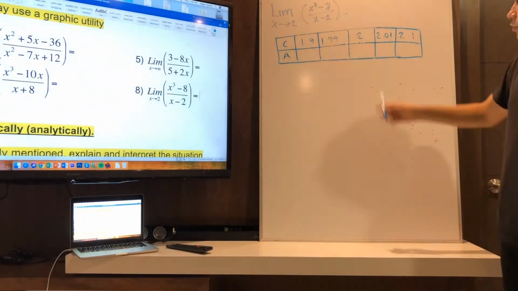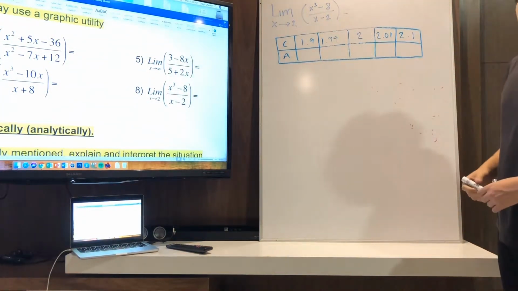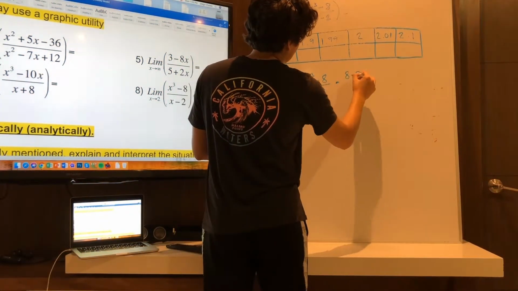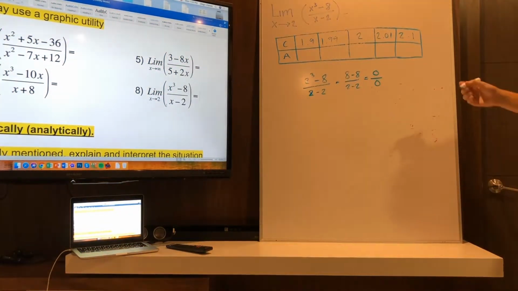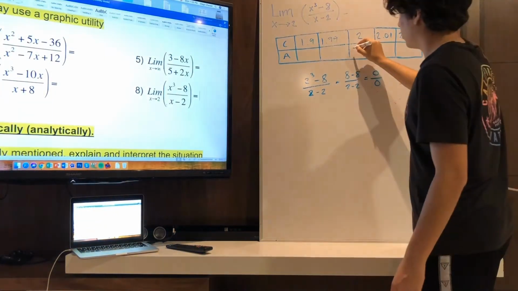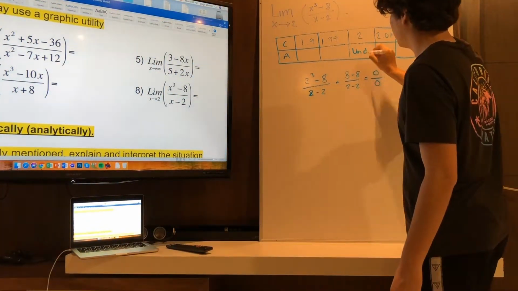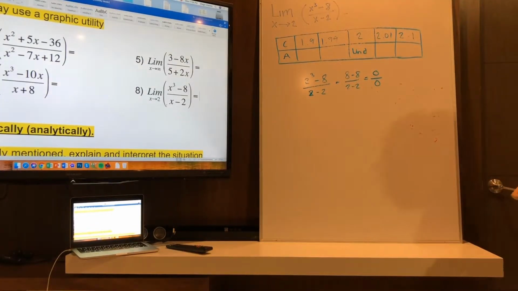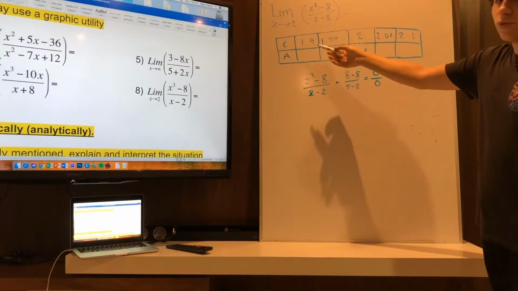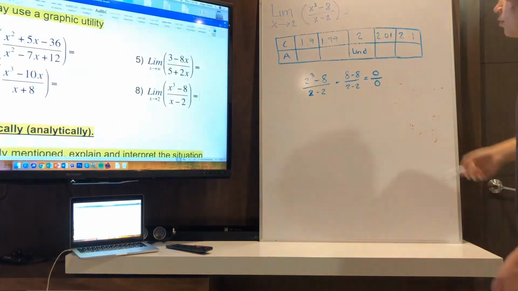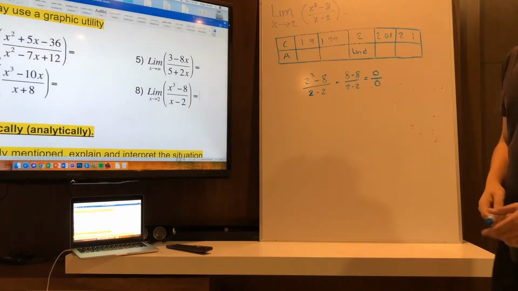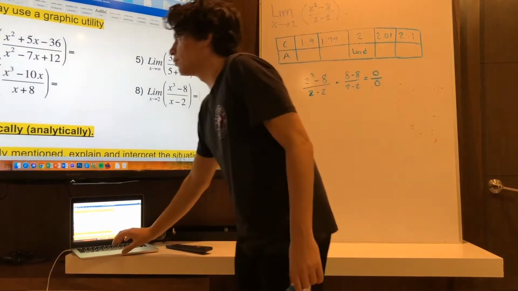First, if we do it with the 2, as you can see we are left with 0 over 0, which you could write as undefined. If you get undefined under the limit, you need to do the other values, and it is preferred to do it with a calculator, so I'm going to use a calculator.